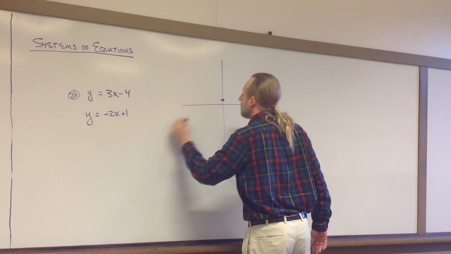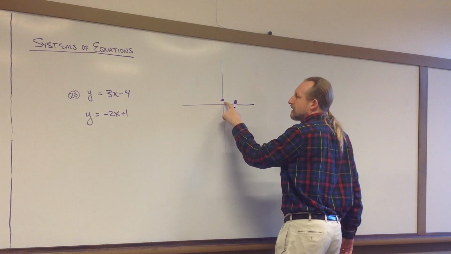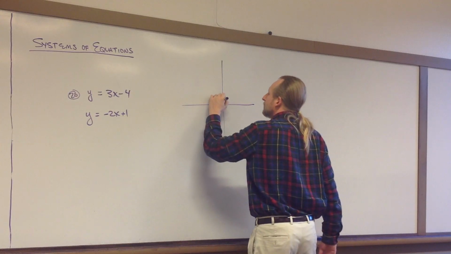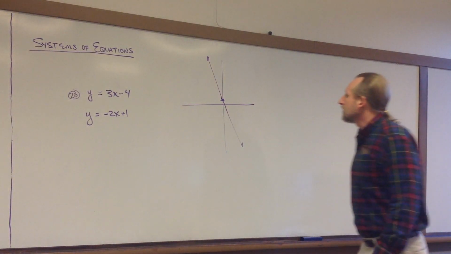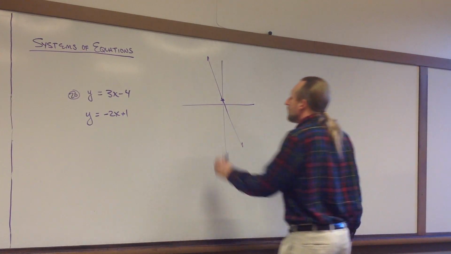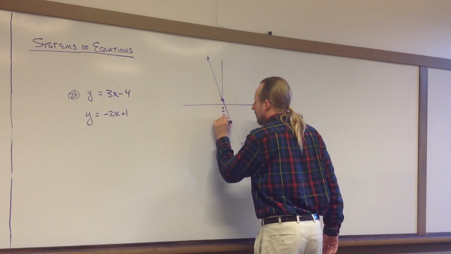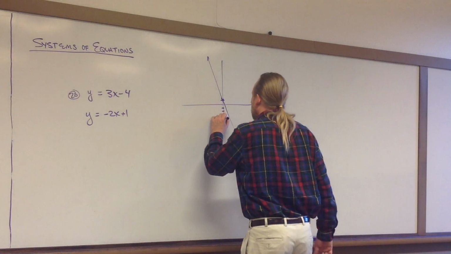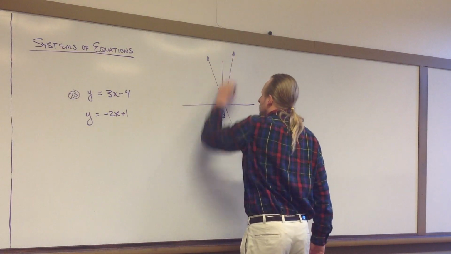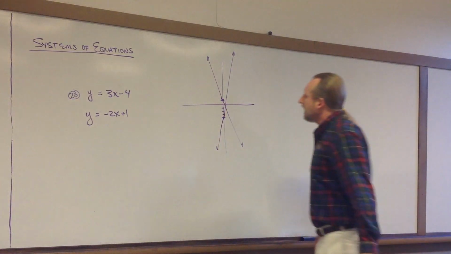So this one right here, -2x, there's the y-intercept at +1, the point 0, 1. A slope of 2 will be something along those lines. 3x minus 4, so our y-intercept is down here at 0, -4. And the slope of 3 is going to be something like that.